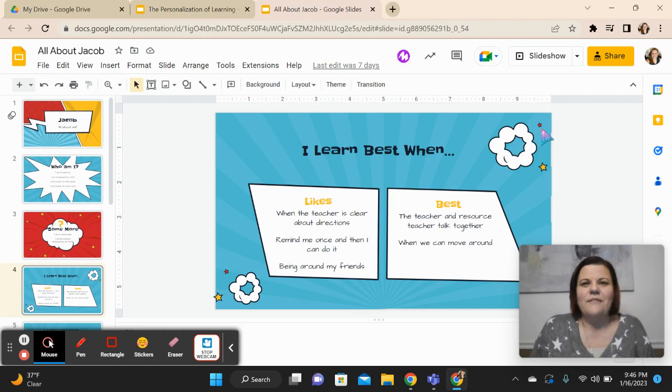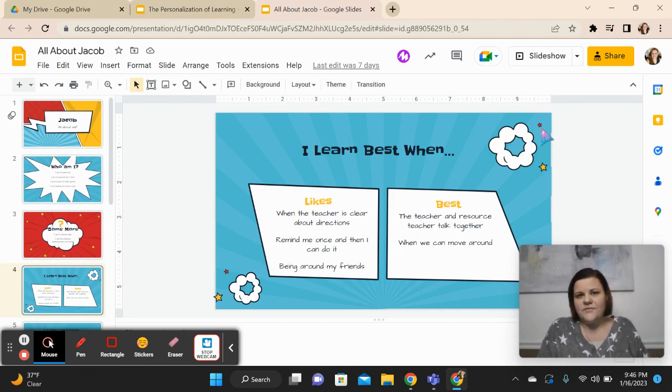He's loud. And so he works well when a teacher is very clear about the directions. He also does not like when a teacher stands over him and tells him step by step what to do. He likes to be told what the directions are, given a reminder if he needs it, and then be able to ask questions if he needs that.